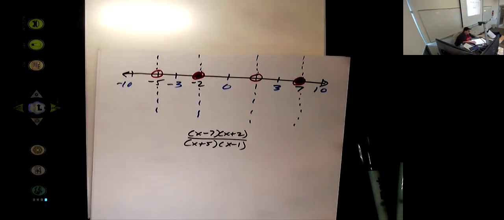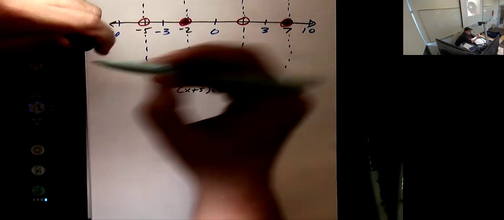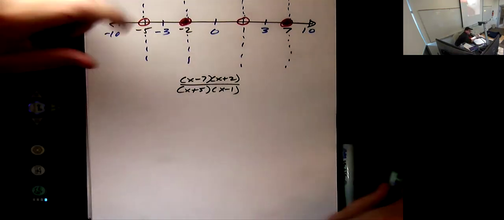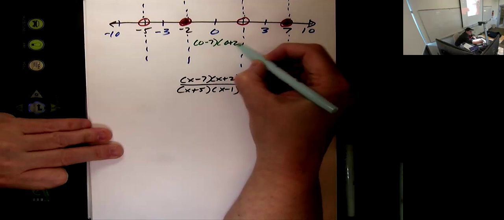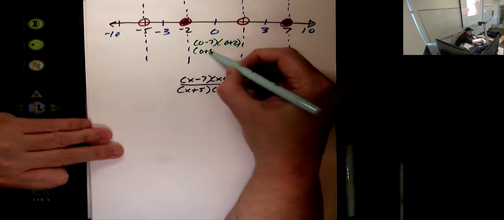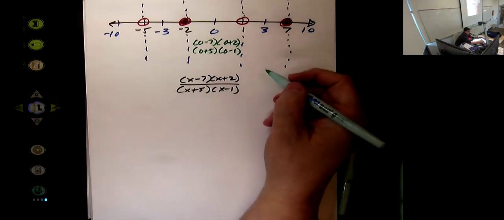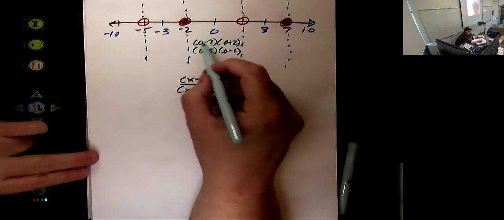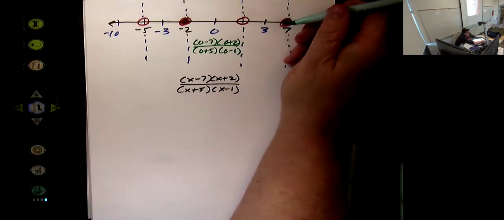And I'll show the 0 category first, because it's the easiest one to show. I am plugging in the 0, and you have 0 minus 7, 0 plus 2, 0 plus 5, 0 minus 1. What these numbers are does not matter.